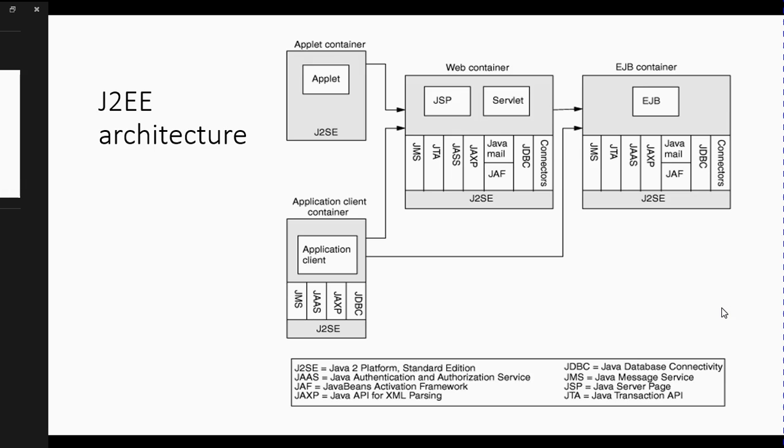So in terms of the architecture, this is what I was referring to. Here you have different containers. If you have a web application, it will be part of the web container and run out of the web container. If you have EJB, you have an EJB container for EJB applications, and also an application client, which is able to take in requests from the applications, and then this applet.